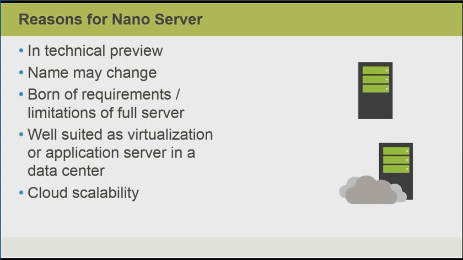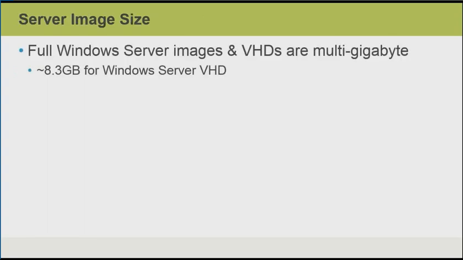A full Windows Server image or virtual hard disk could equal out to approximately 8.3 gigabytes. If we do that remote installation over a network, then we're consuming network bandwidth, and that's only for a single server image or single virtual hard disk.